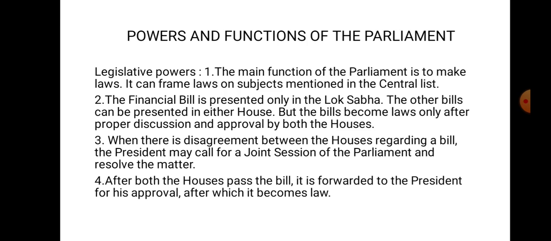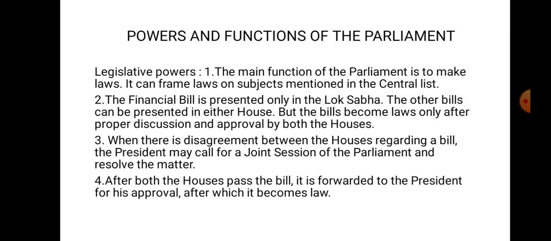We have a third important list called the concurrent list. In the concurrent list, the topics given are, for example, education, then transport and communication once again. So some of the topics are given in the concurrent list, wherein both central and state government have got the right to make law.